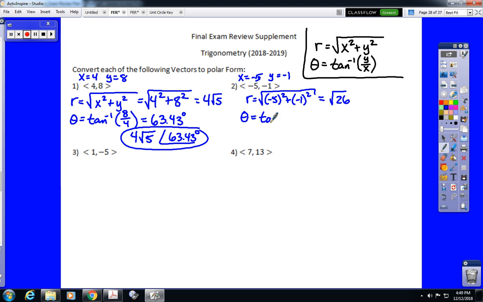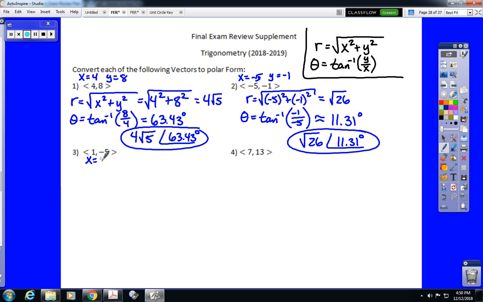Theta is the inverse tangent of y over x. Feed the calculator, get 11.31 degrees. So that's root 26 at 11.31 degrees. Again, pause the video, try to get out ahead of me.